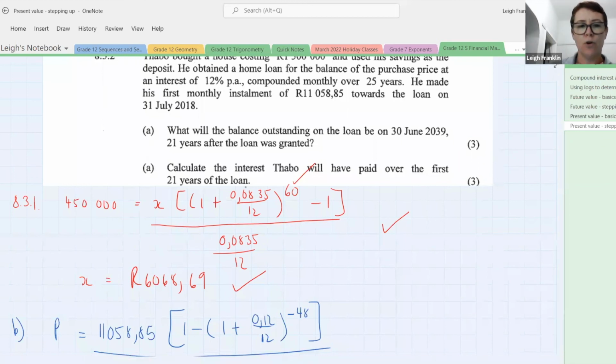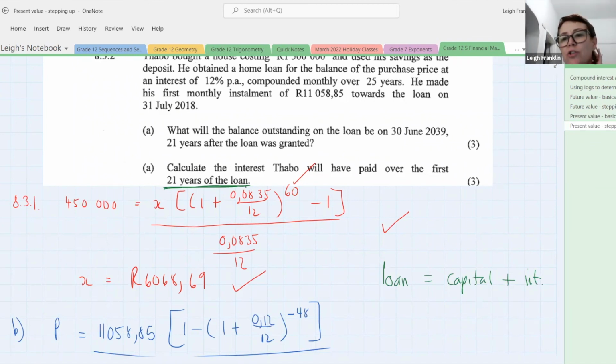Okay. So calculate the interest Thabo will have paid over the first 21 years of the loan. How much interest Thabo has paid. So now remember, the loan that you have to pay off is going to be the capital that you borrow plus interest. So how much interest will he have paid in the first 21 years?